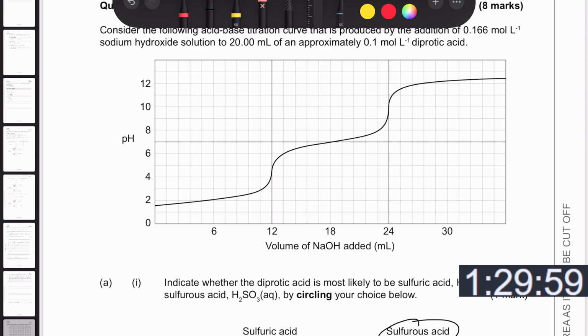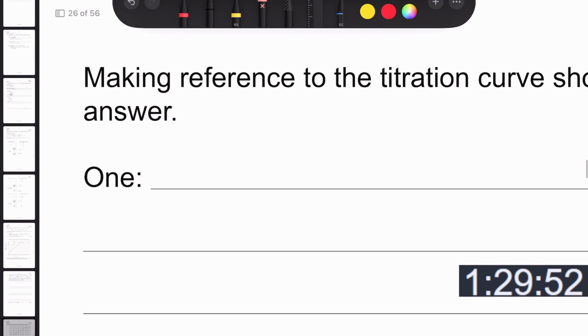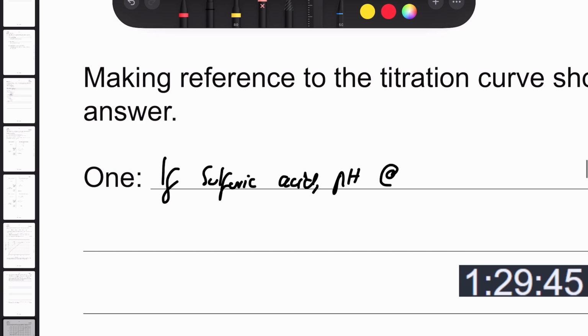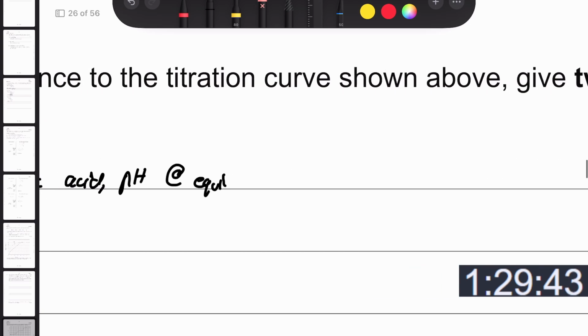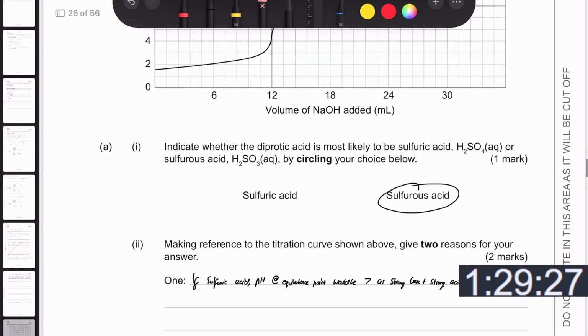Because if it was sulfuric acid, the pH at equivalence point would be 7, as strong base plus strong acid. Wait, what was this?